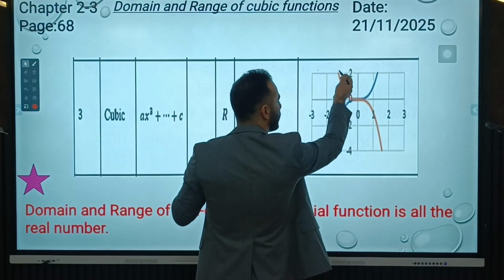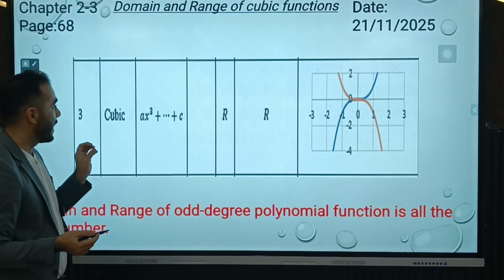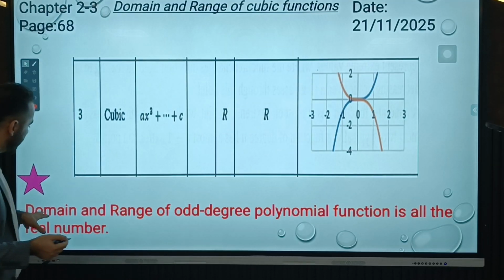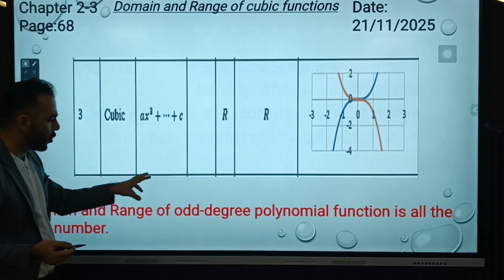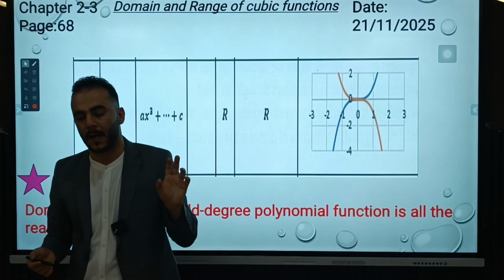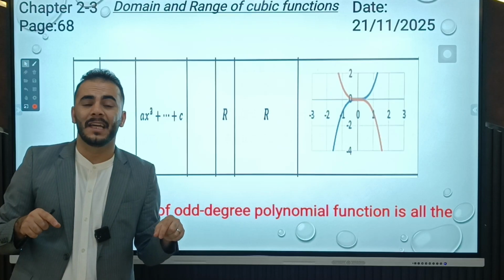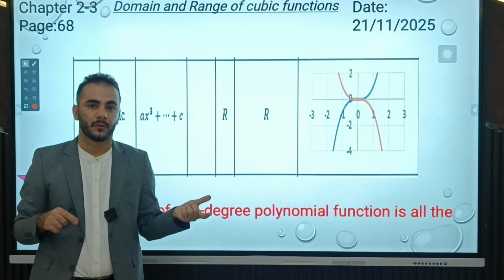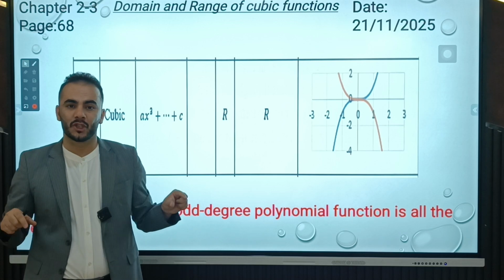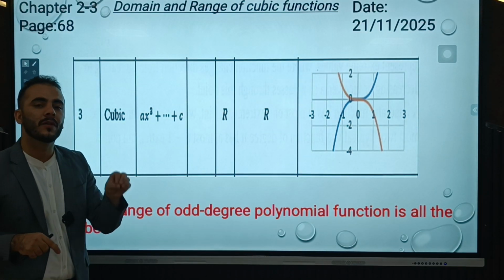But you had better know that there is a note here: domain and range of an odd degree polynomial function is all the real numbers. Again, I'm going to repeat it. If you have a polynomial function and its degree is odd, just like the linear function, whose degree was 1, and 1 is odd, then domain and range of that kind of function would both be all the real numbers, from negative infinity to positive infinity.